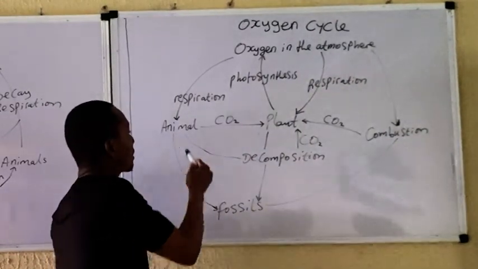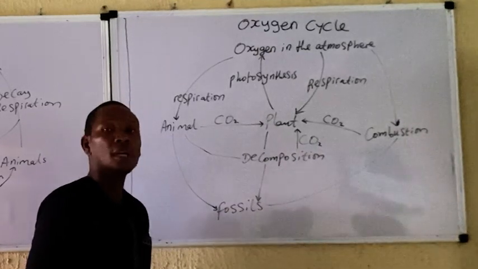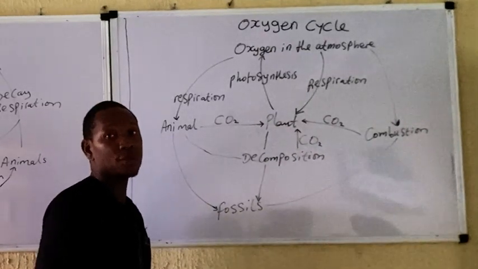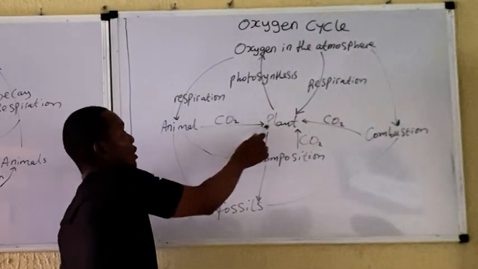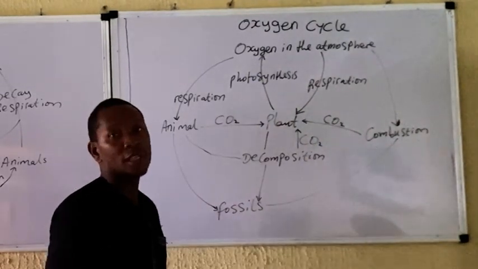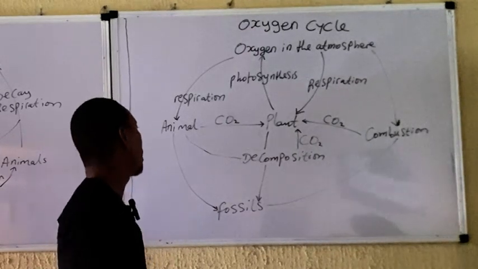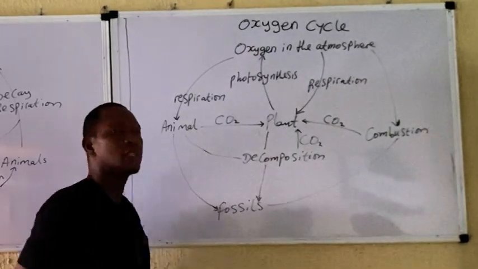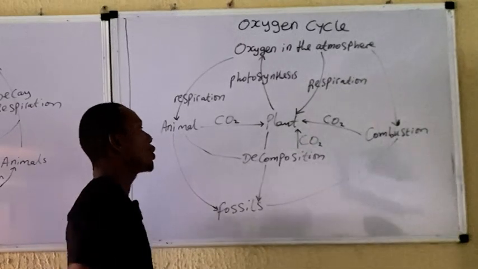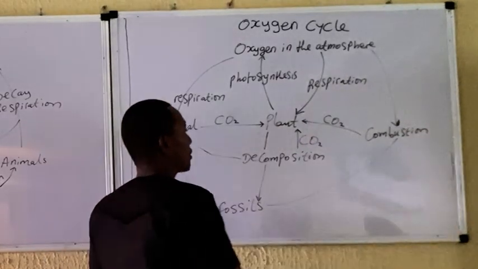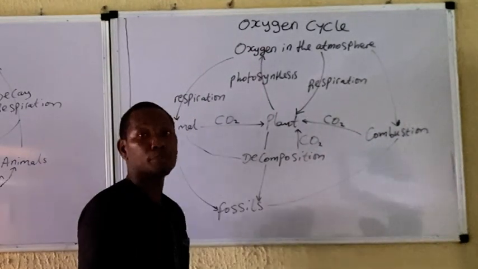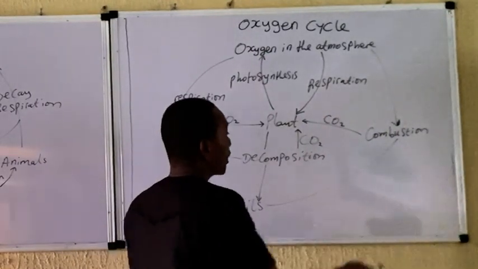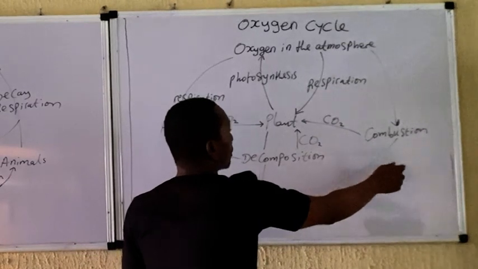We know that animals carry out respiration. During respiration, they utilize oxygen to break down their own food, and they release carbon dioxide, which the plant uses to make carbohydrate. We know that animal and plant remains form fossils, and a lot of petroleum products are burnt in a process called combustion.